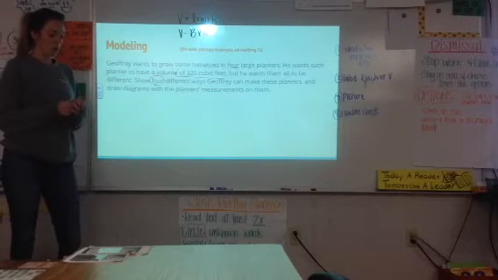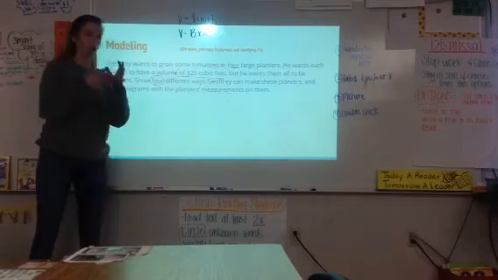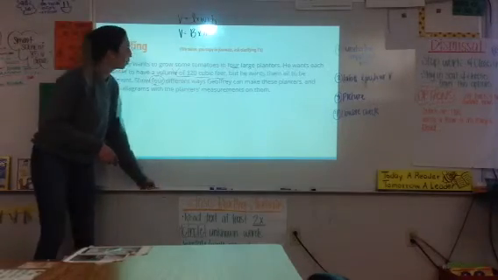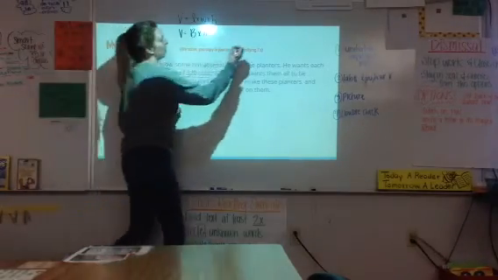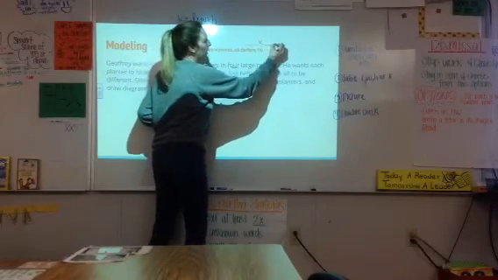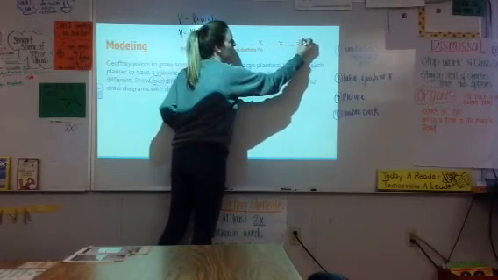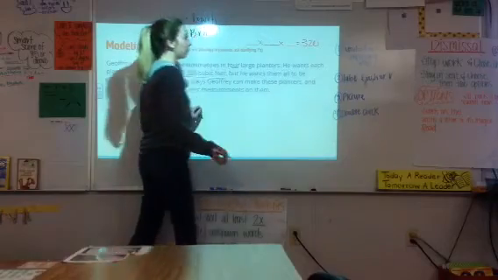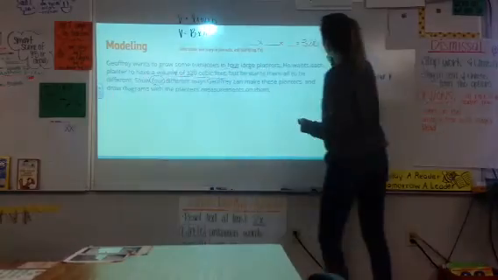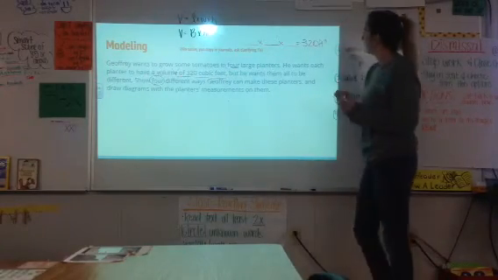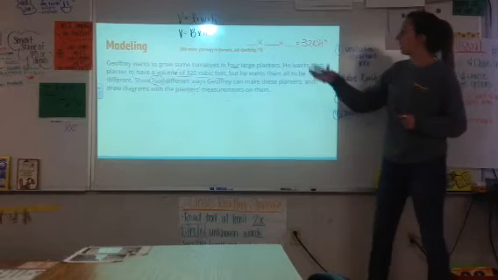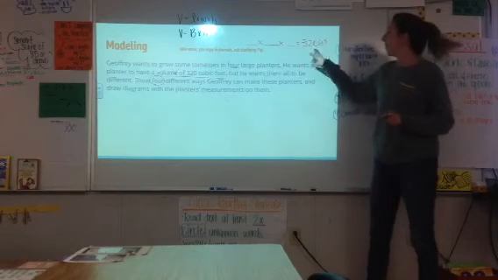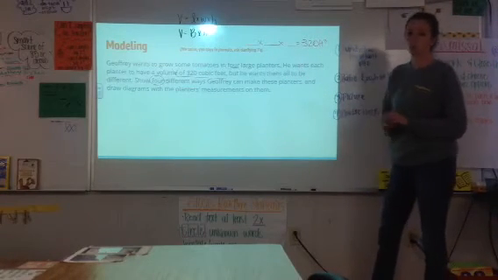And so, when I looked at this, I know that the volume has to equal 320. And so it would be like saying the length times the width times the height equals 320 cubic feet. So feet. Okay, so I need to find 3 numbers that multiply to equal 320.